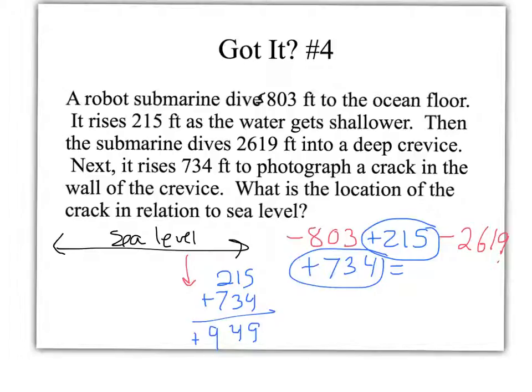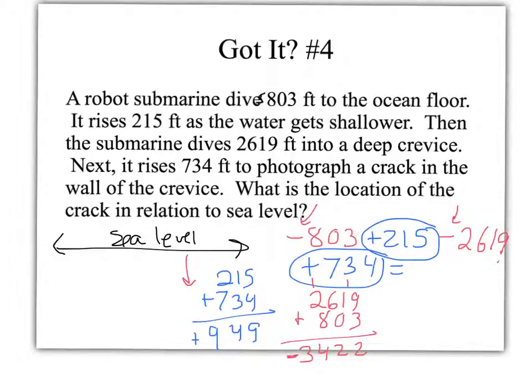Then I'm going to group together my negatives, and I'm going to take the absolute values in my head, and I'm going to add them together because the signs are the same. So I have 2619 plus 803. 6 plus 8 is 14. And that's a 3. And now you have to keep the common sign, so this is a negative.